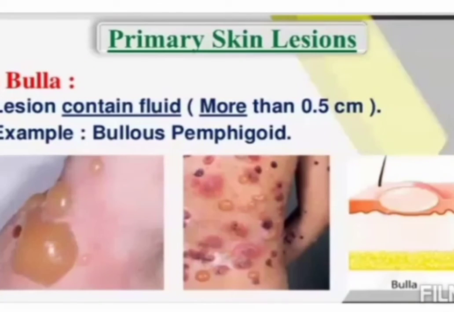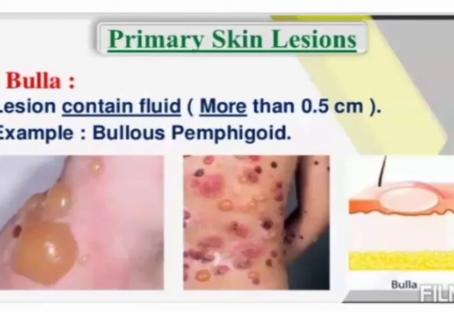Next lesion is bulla. A bulla is a fluid-filled cavity that is more than 0.5 centimeter. So here in the bulla there will be fluid that is more than 0.5 centimeter. An example is bullous pemphigoid. Another example is burns.